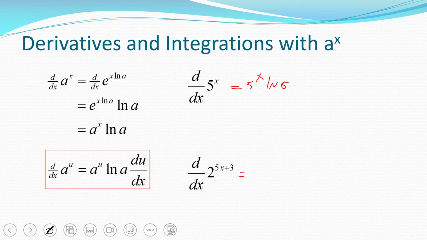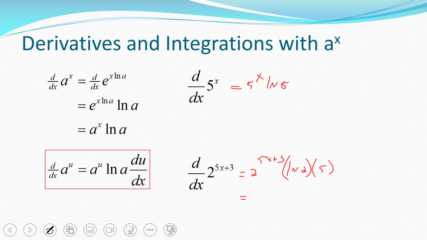Well, by the rule I just gave you, that would be 2 to the power of 5x plus 3 times the natural log of 2 times the derivative of the exponent. Well, the exponent is 5x plus 3. That derivative in terms of x is 5. So we just have to clean that up to make sure it's obvious where everything goes.